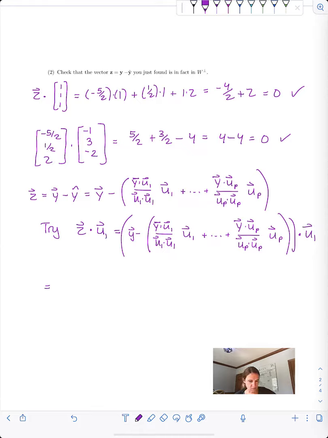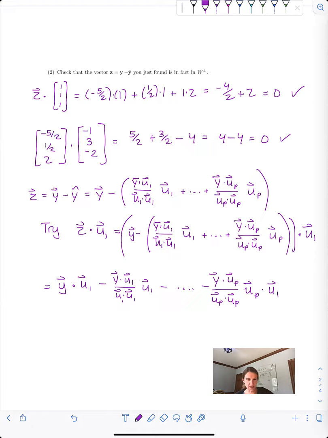Then that equals, we can distribute that U1. So we have Y dot U1 minus Y dot U1 over U1 dot U1 times U1, minus each of these components, UP dot UP times the vector UP dotted with U1.